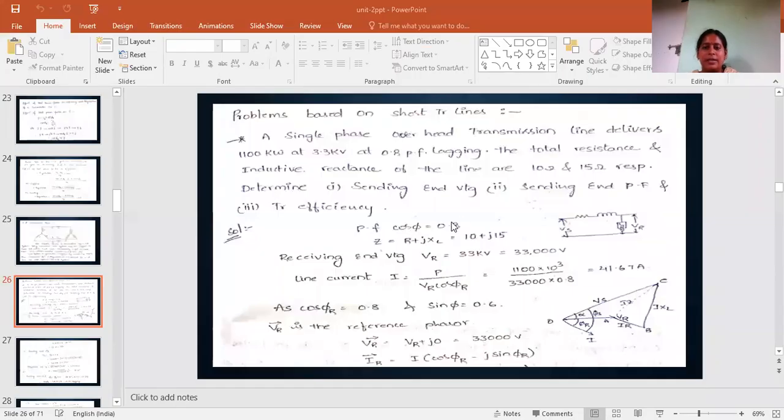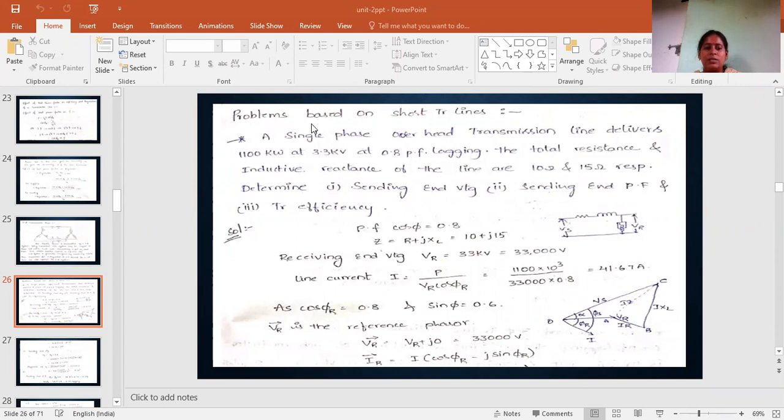Okay, firstly in this problem we find out the Vs, that is nothing but sending end voltage. From the problem, the given data is power P equal to 1100 kilowatts.